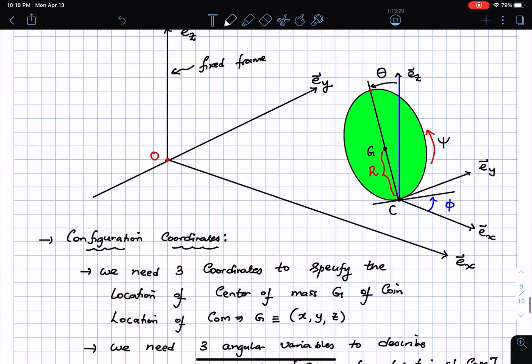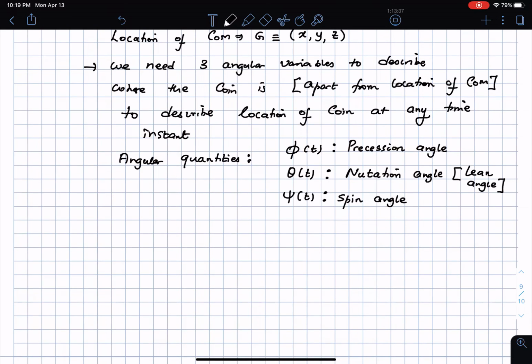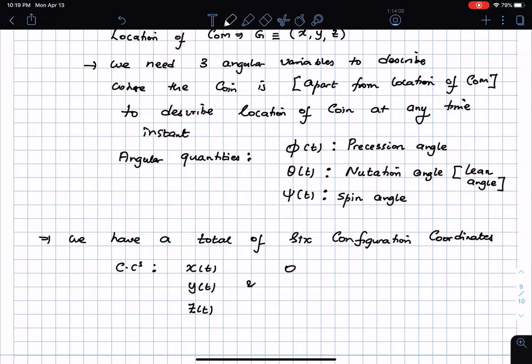Okay, so those are the variables that I typically use for this particular problem, which means that we have a total of 6 configuration coordinates, and the configuration coordinates are x of t, y of t, z of t, and phi of t, theta of t, and psi of t.